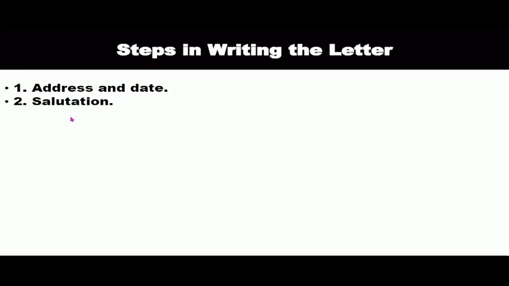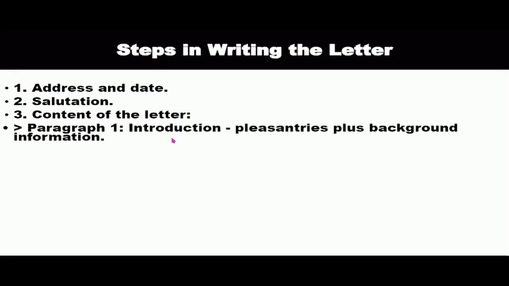The second step is to write the salutation. Dear brother or dear John. Now, step number 3 is to begin to write the content of the letter, which should start with paragraph 1. In paragraph 1, you come up with your introduction. You may decide to start with pleasantries.